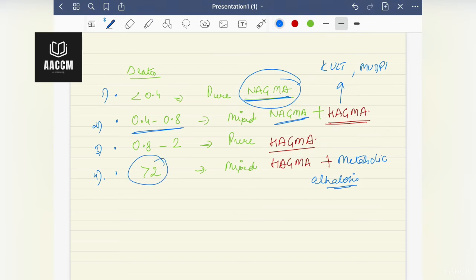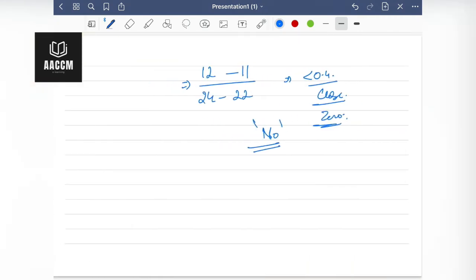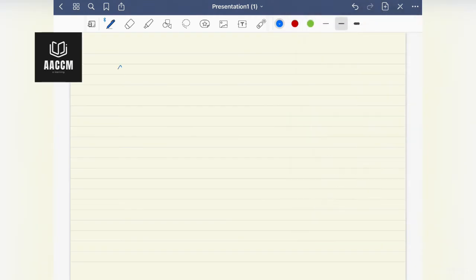Coming to the last result, that is if the ratio is greater than 2, the patient is having high anion gap metabolic acidosis plus metabolic alkalosis. This usually happens in a picture of COPD. Now, just imagine that the patient is having COPD, that is chronic obstructive pulmonary disease, and the patient can't breathe out carbon dioxide due to poor lung function.